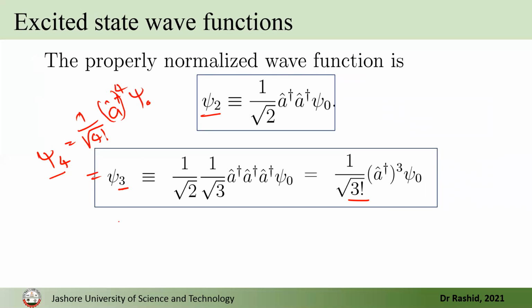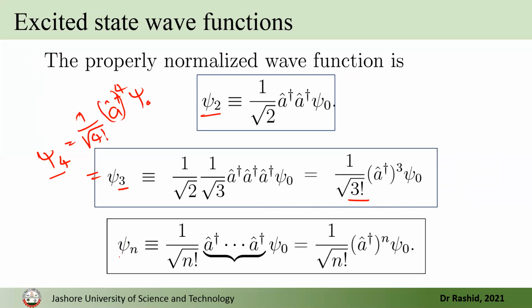So if we generalize it, we have the nth excited state wave function, or the energy state for the nth excited state, equal to this. Here we have square root of n factorial and a hat dagger operating on psi 0 n times.